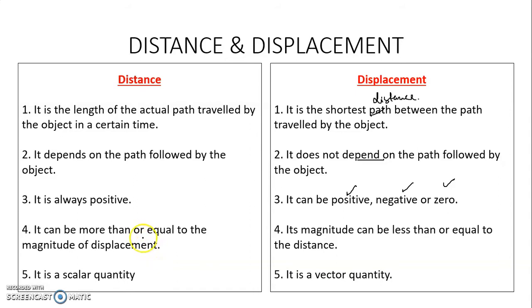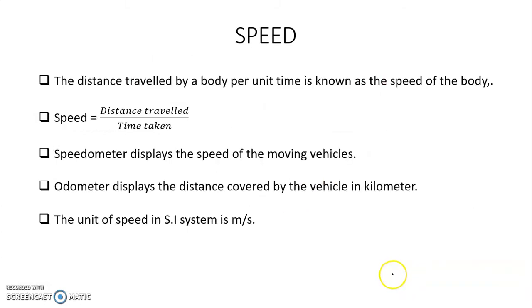Yes, distance can be more than, or it can be equal to the magnitude of the displacement, right? Whereas displacement can be less than, because it is the shortest distance, or equal to the distance. It can never be more than distance, because this is the shortest distance, right? And distance is a scalar quantity, and displacement is a vector quantity. So that's all about distance and displacement.